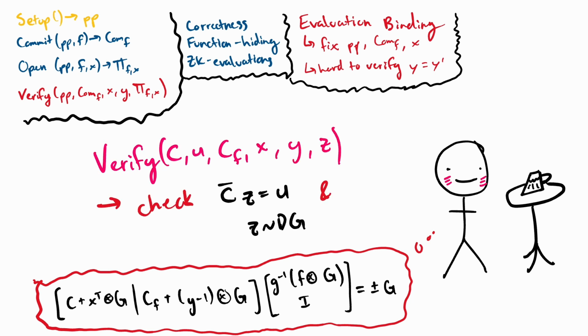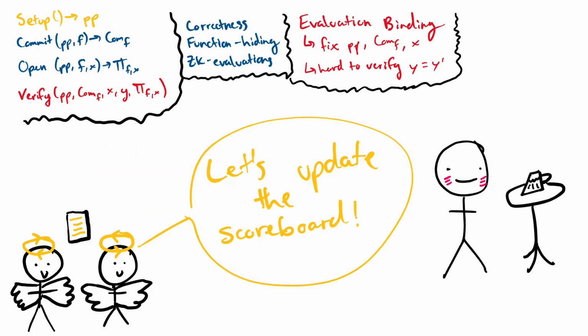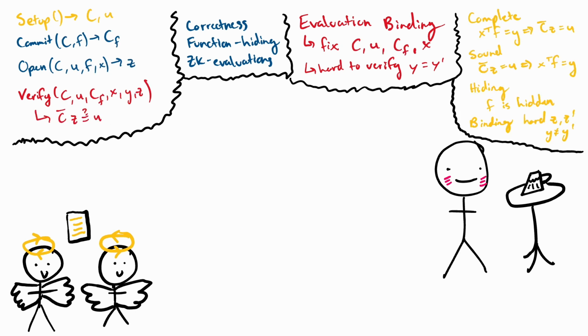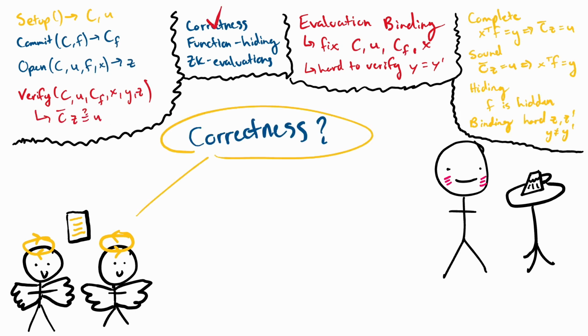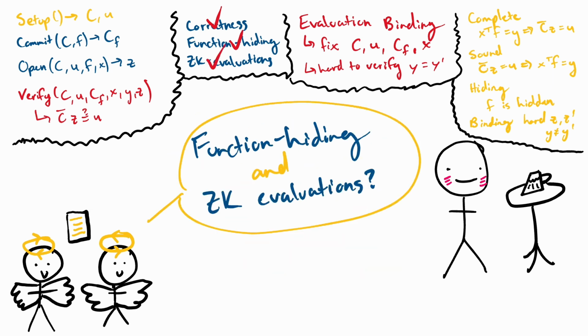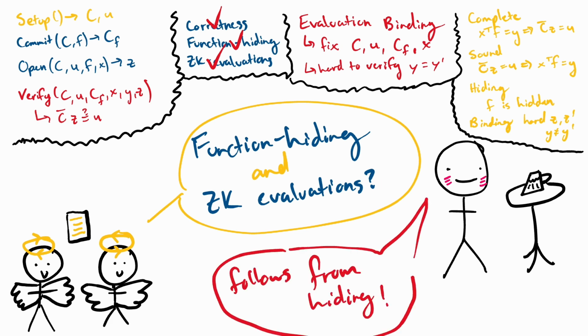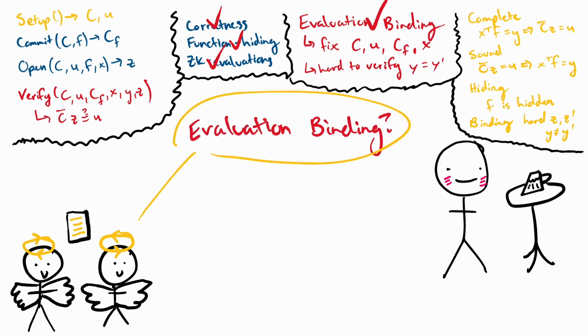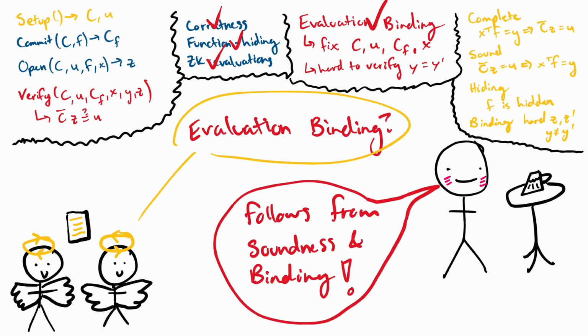Finally, verify can just check whether the solution Z solves the pre-image sampling problem. Ding, ding, ding. Let's update that scoreboard. Do we have correctness? Yeah, it follows from completeness. Function hiding and zero knowledge evaluations? Well, that follows from hiding. Evaluation binding follows from soundness and binding.